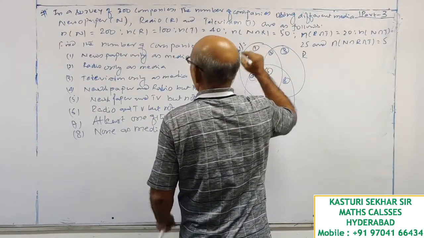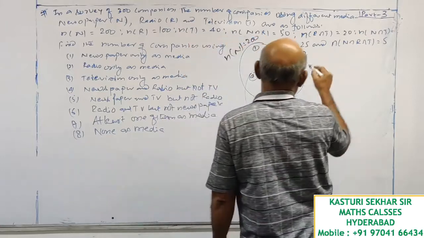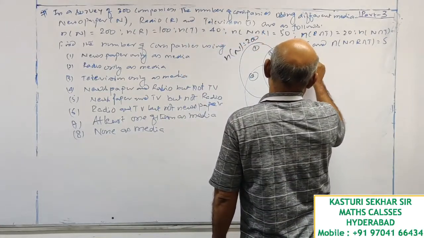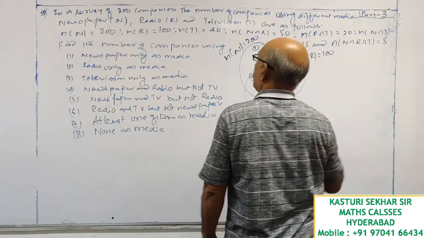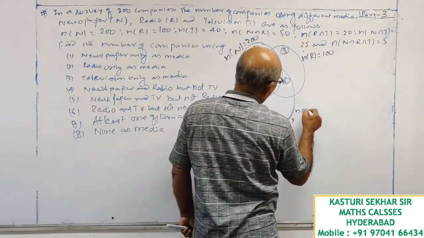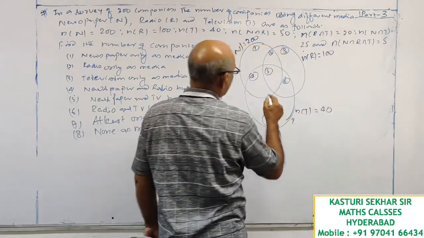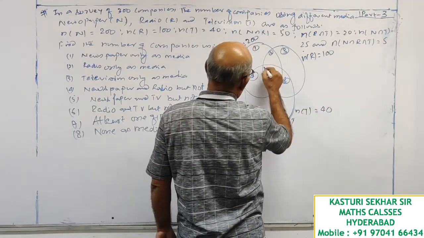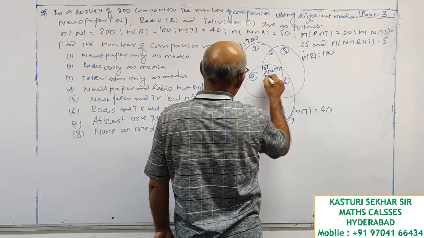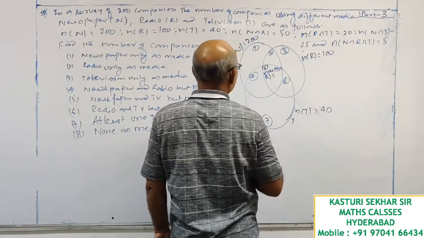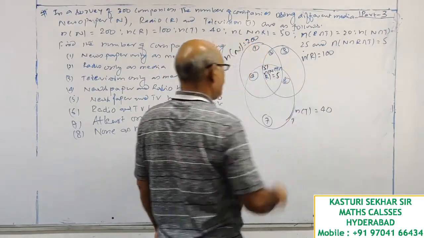N of n is equal to 200. N of r is equal to 100. N of t is equal to 40. N of n intersection t intersection r is equal to 5.